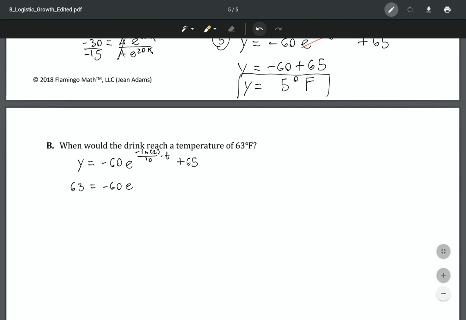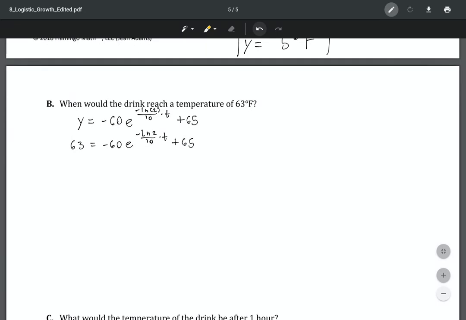And let's see. This is the natural log of 2 over 10 times t plus 65. And after that, really just a bunch of algebra. There's really not a whole lot of calculus involved after this. So subtract the 65.